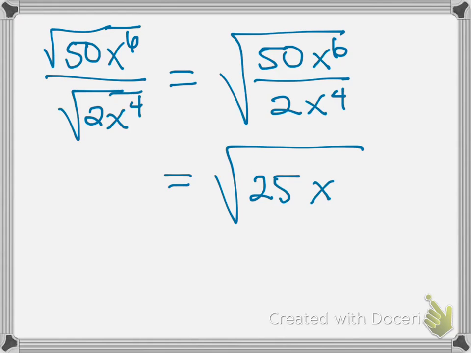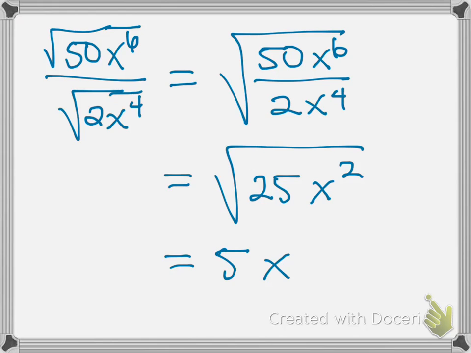And so x to the 6th divided by x to the 4th is x squared. And then in order to further simplify this and get our final answer, we need to take the square root of 25, that's 5, and we need to take the square root of x squared, and that's just x. So it looks like we've got this expression completely simplified.